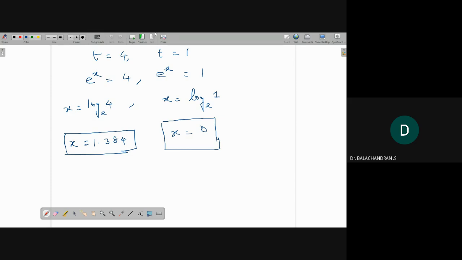And also yesterday I solved the last problem. Last problem I solved in shortcut method, and then I told that you can solve the same problem by a different method. So I will do that one first.